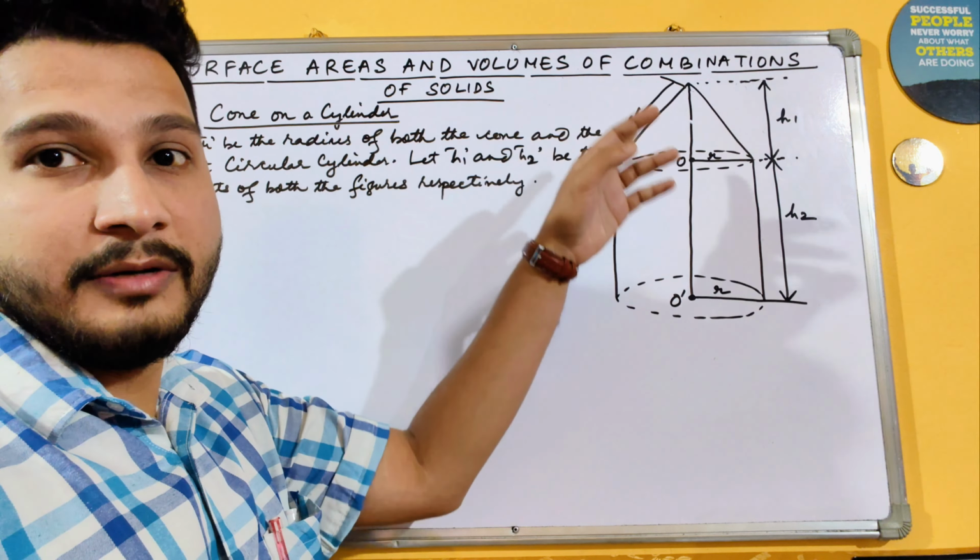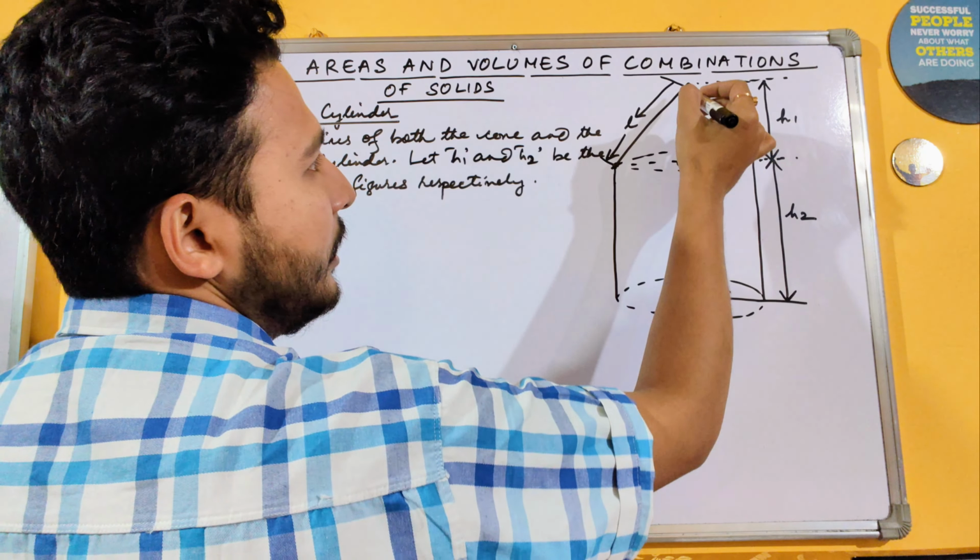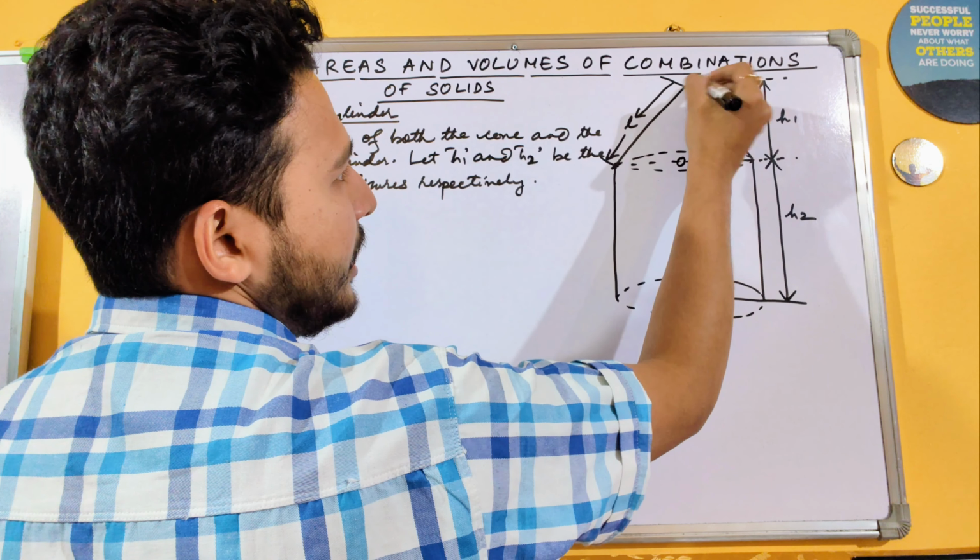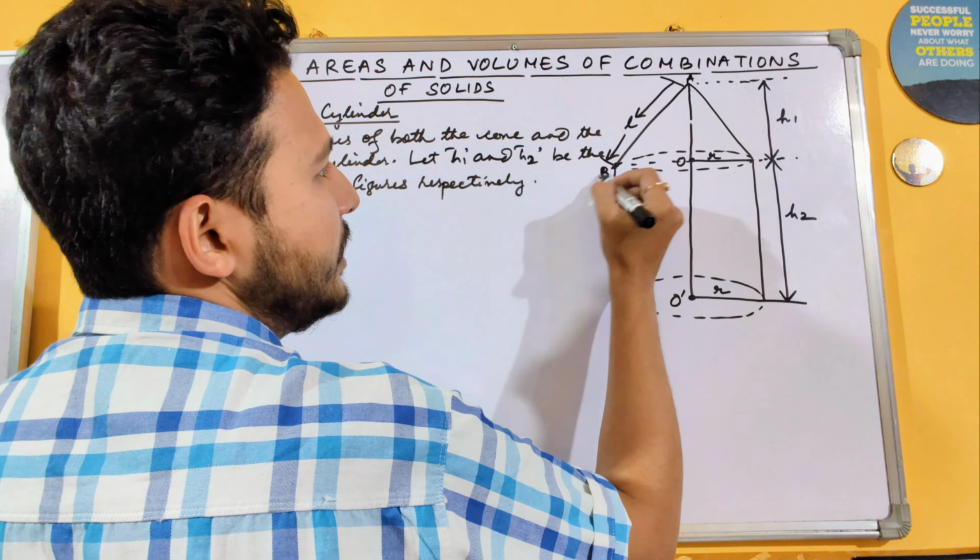So let us find out the value of the slant height. You can find it out using, so just give this name as A, this as B, O. It's a right angle triangle, so you can use Pythagoras theorem.